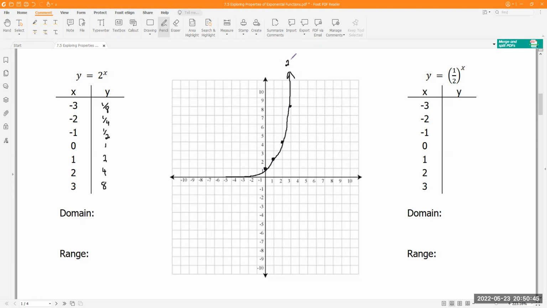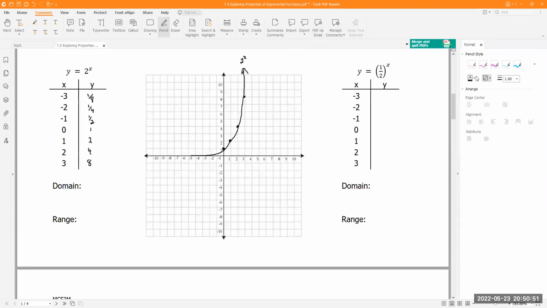Okay, so that would be 2 to the power of x. And at the same time, let's see if I can change its color. Maybe I'll do a red. Something like this. Okay, and that would be half to the power of x. Okay, we talked about that.